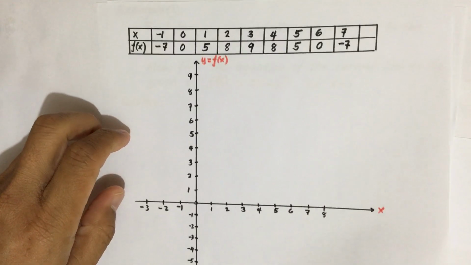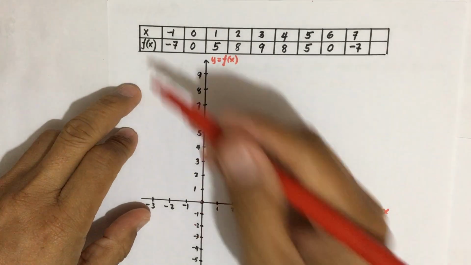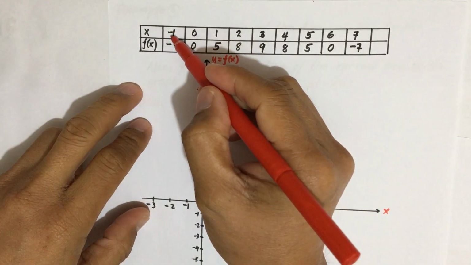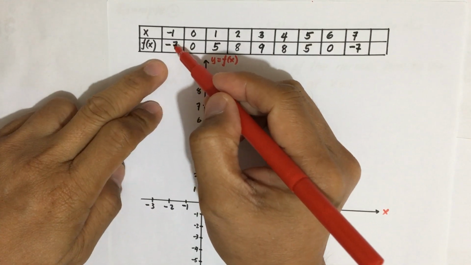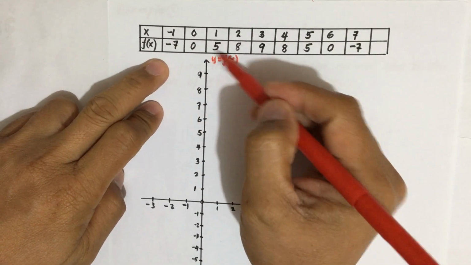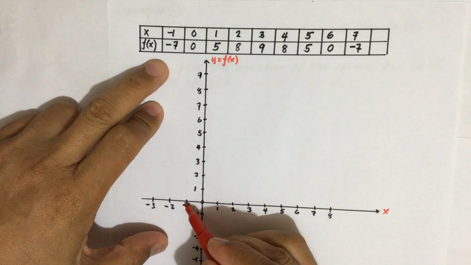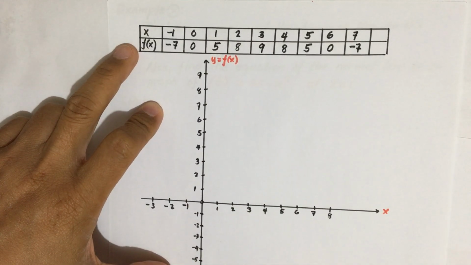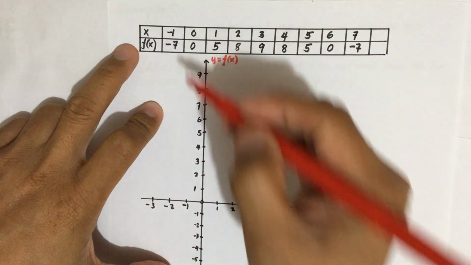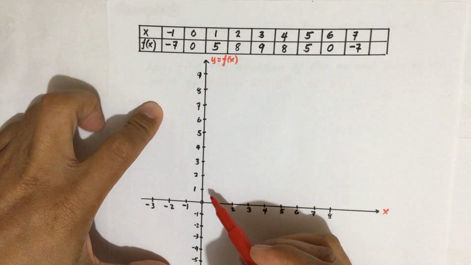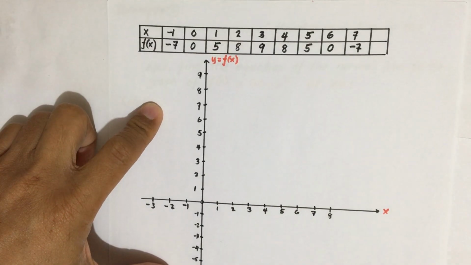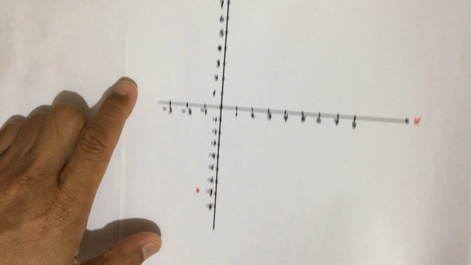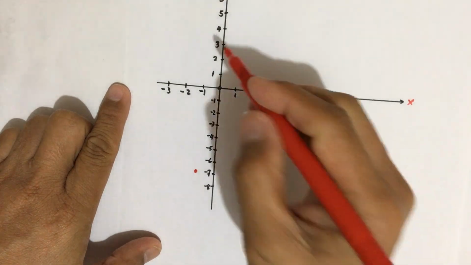So when x equal to negative 1, we have y equal to f of x equal to minus 7, so the point should be here. When x equal to 0, so the point should be here.